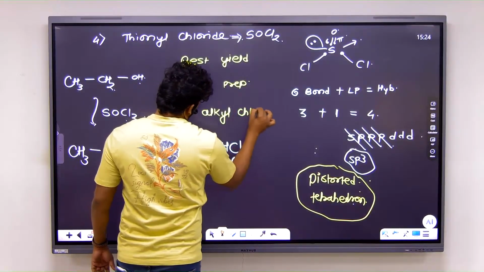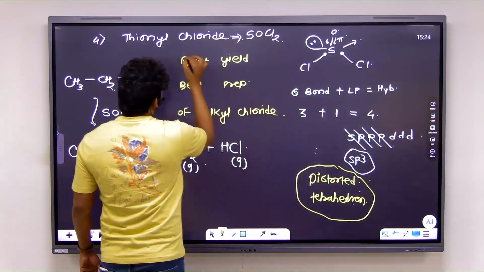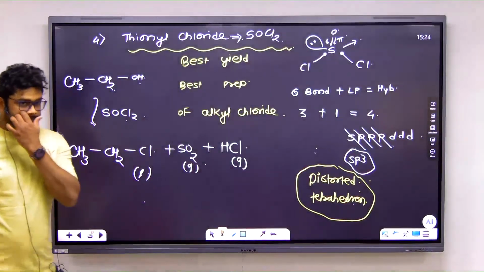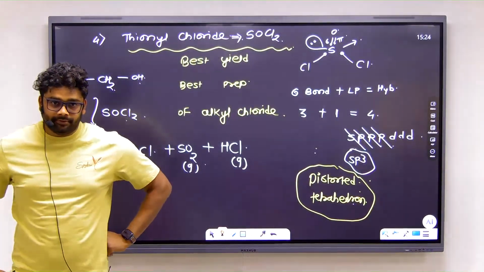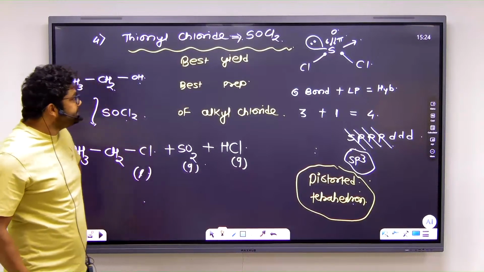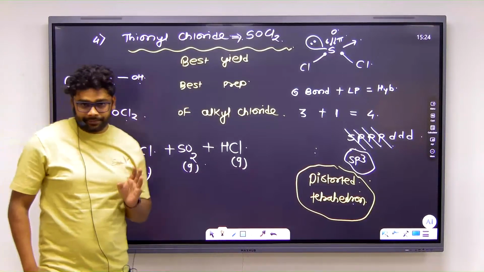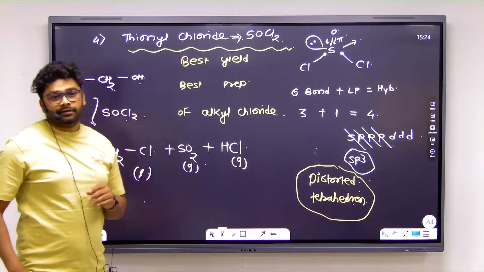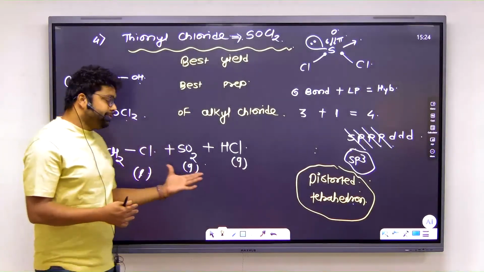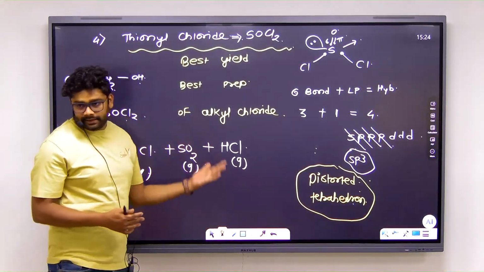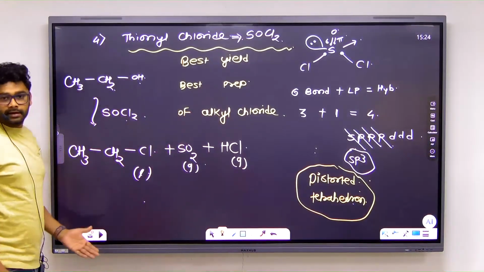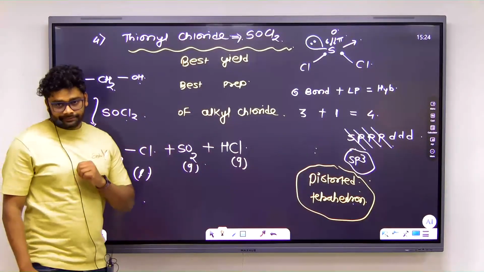Alkyl chloride. तर ती कोणती मेथड आहे बे? बोला. थायोनिल क्लोराइड. कोणती मेथड आहे? Thionyl chloride. So thionyl chloride is one of the best methodology which can give you what? The chlorides, purest chloride, because your byproduct are what? Gases. They get driven out and the only remaining thing will be in the container. That is what? A chloride.